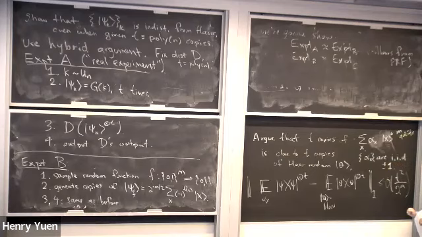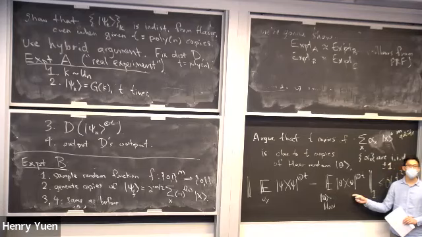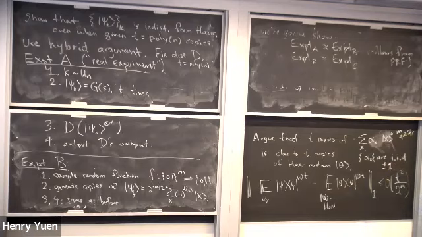First thing, does anyone remember what this thing is? We're taking an average over T copies of a Haar random state. We had a formula for this.